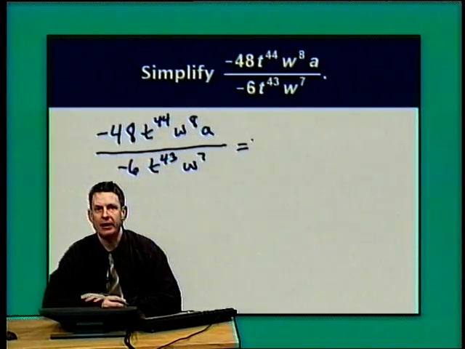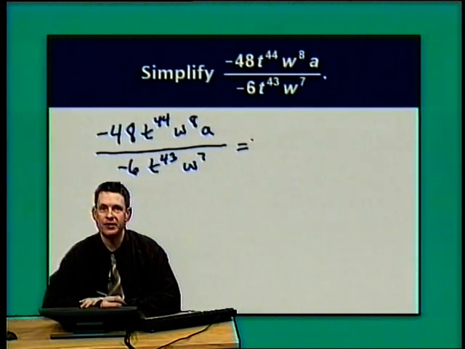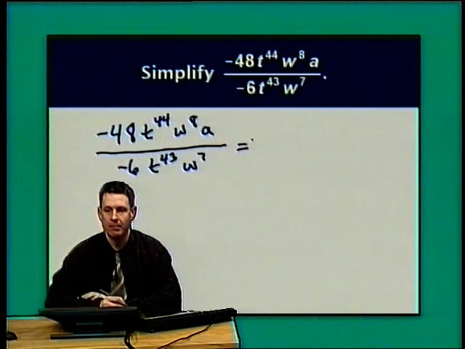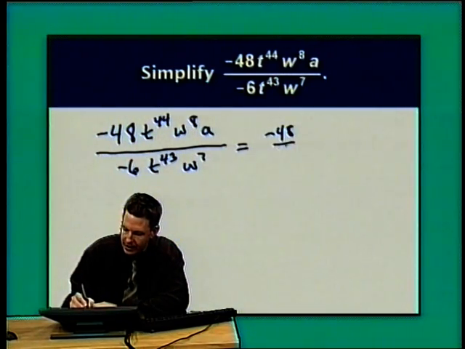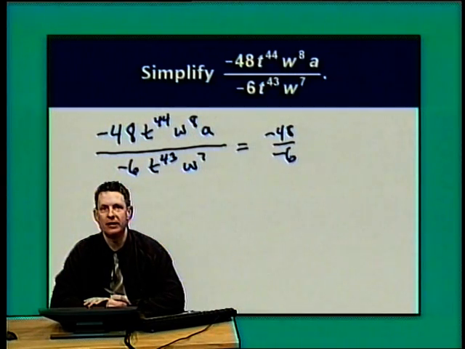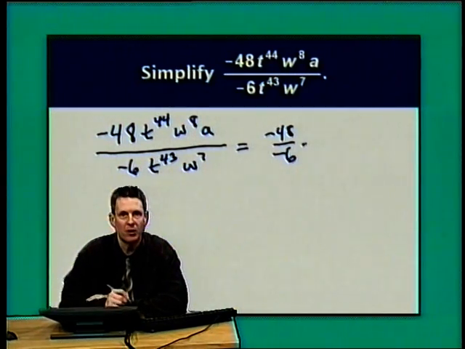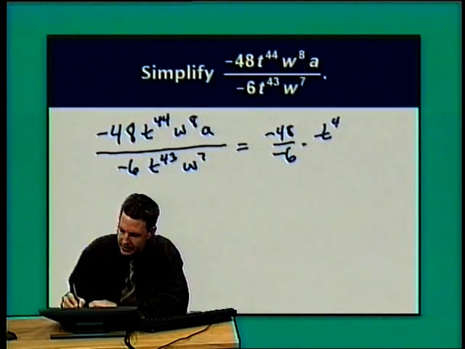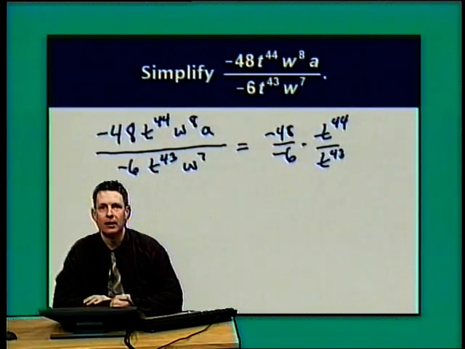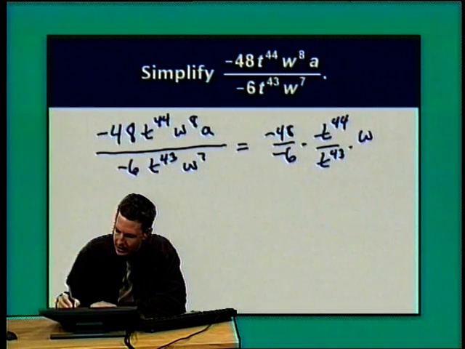Let's begin by pairing up our coefficients and our like variables. Minus 48 divided by minus 6, that's going to be the coefficient. Let's multiply that by t to the 44th divided by t to the 43rd. Let's multiply that by w to the 8th divided by w to the 7th.